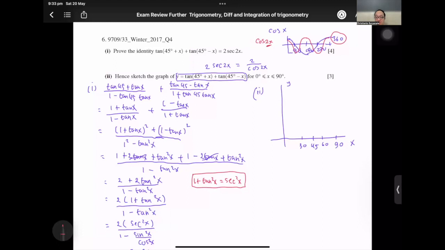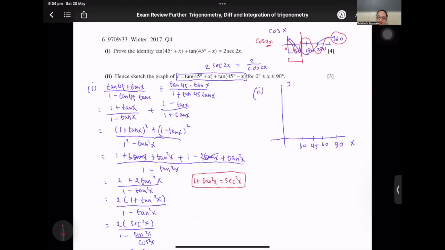Now, since we only have the 90 degree, so we only take from here. Yeah, from 0 until the 90 degree. Now, that means our graph will be in this region, yeah. But now the cos is not the main function. The function is 1 over cos. It's a reciprocal function. So that means we can pay attention to the graph.